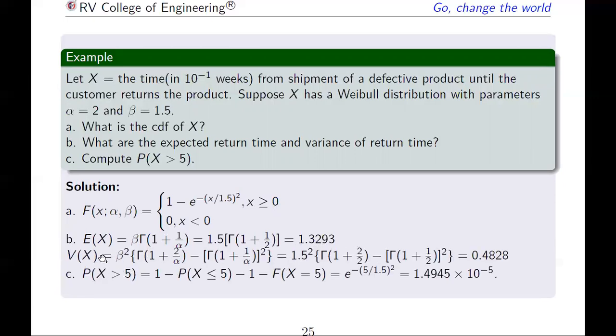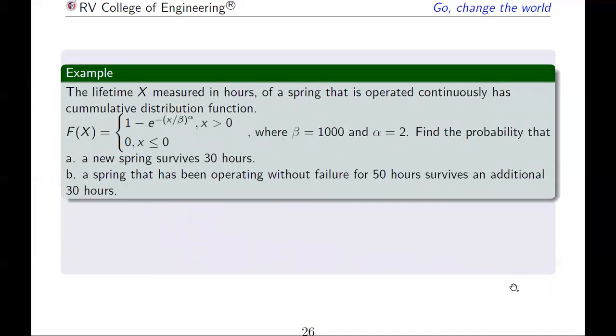The variance is 0.4828, and the probability that x is greater than 5 is found to be 1.4945 times 10 to the power of minus 5, which is almost equal to 0. That means the probability that the customer returns the defective item after 5 units is almost nil.